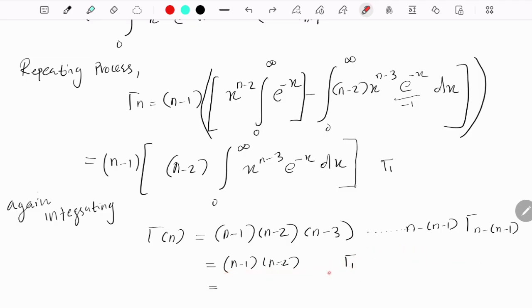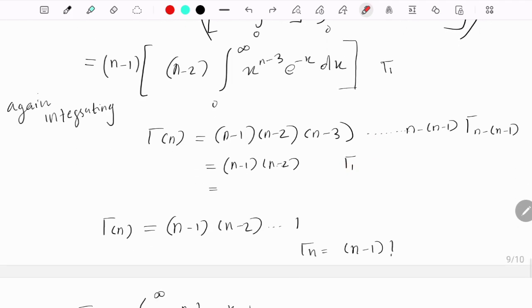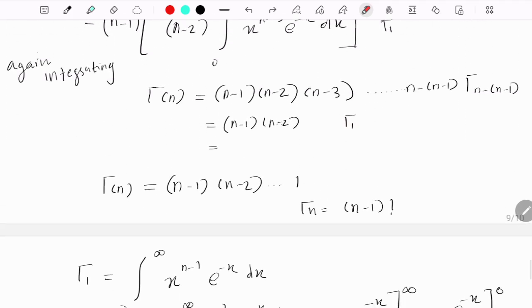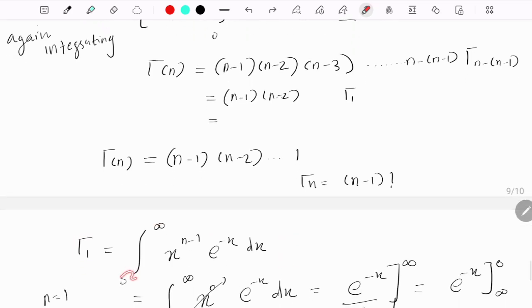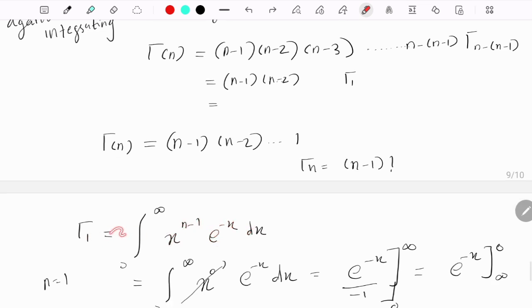Okay. What is the value of gamma of 1? Using this definition, gamma of 1 is equal to integral 0 to infinity x to the power n minus 1 e to the power minus x dx. Here n equal to 1, that is 1 minus 1 equal to 0, that is x to the power 0.